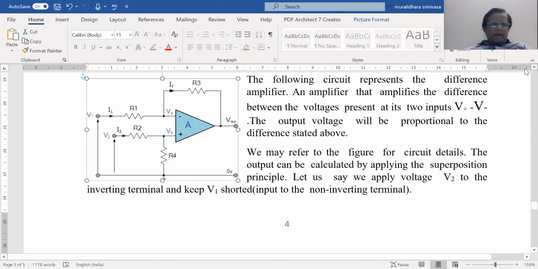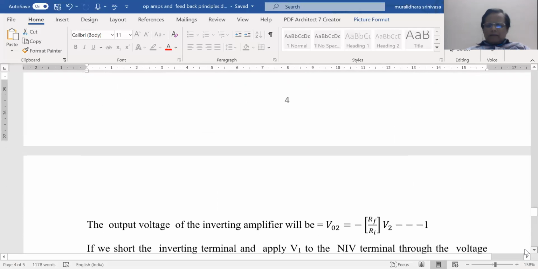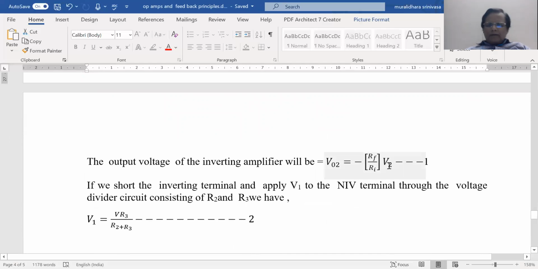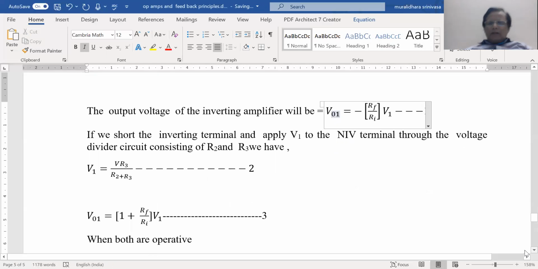I did not have the diagram, so I was thinking of some other diagram. So minus RF by RI into V1 is the output due to the voltage present at the inverting terminal.